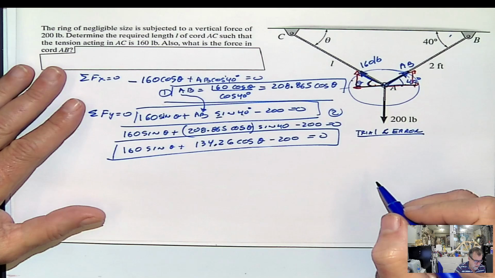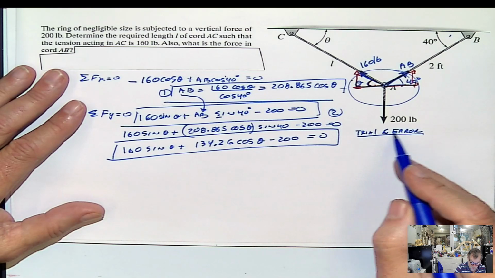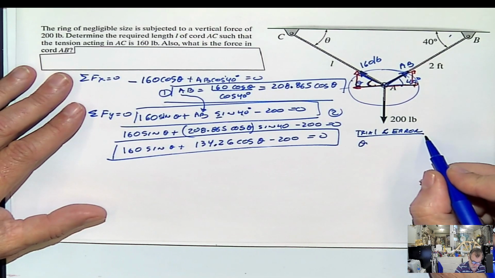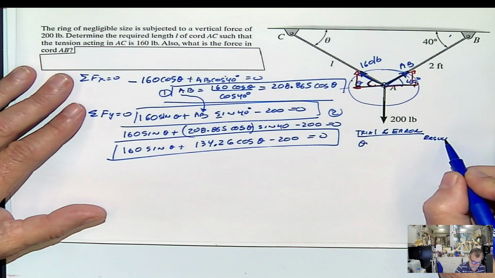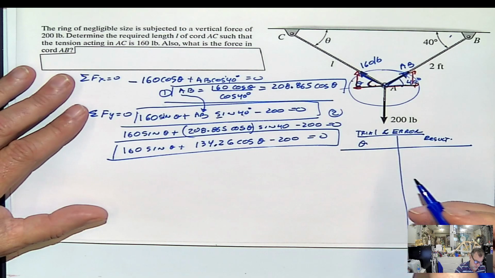What is trial and error? Well, basically trial and error just tries some values for the angle and gets the results here, and at some moment they are going to converge.